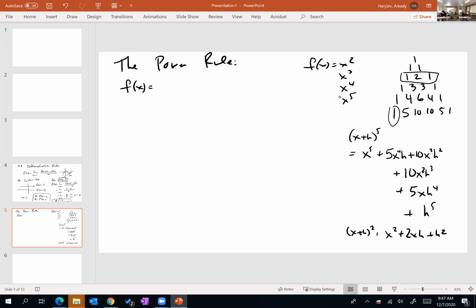So here's what I want you guys to do. I'm going to go from the back of the room here. Kate, your job is to do x squared. Find the derivative of x squared. Taya, you get x cubed.